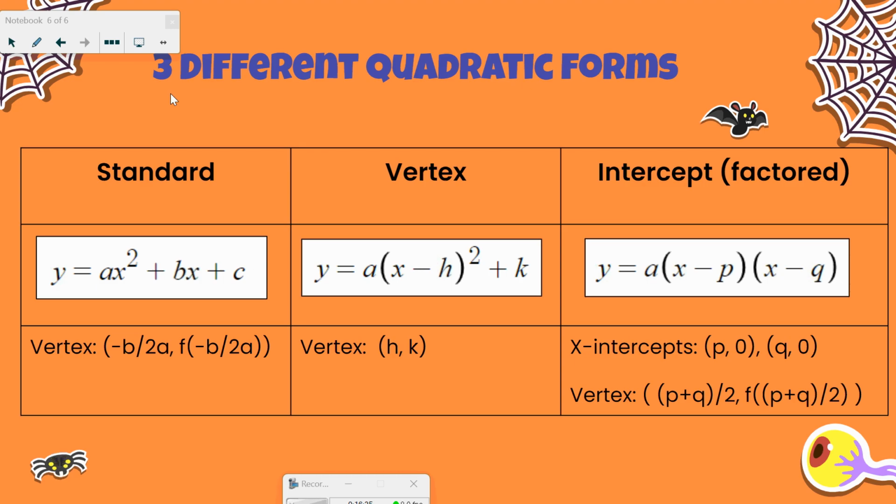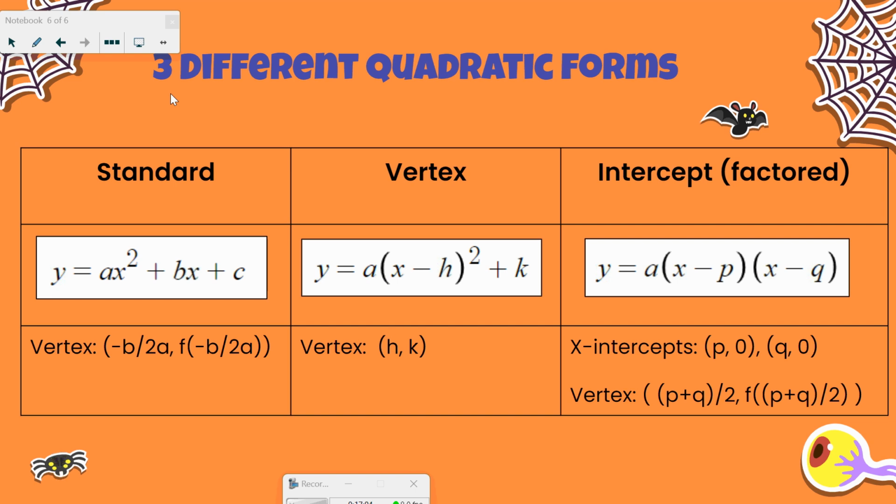Hints right there. They're factors, right? So your intercept form is made up of your factors. Standard form is ax squared plus bx plus c. Saw some of those in your warm-up. Vertex form is really what we're going to focus in on today. That's the only one you want to jot down. Like I said, you're going to keep seeing those others throughout your slides, so you don't have to jot them down. You'll keep seeing them class after class.